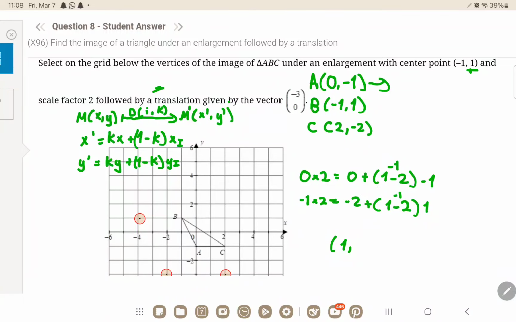So negative 2 plus negative 1 is negative 3. That's our A prime. 1, negative 3.